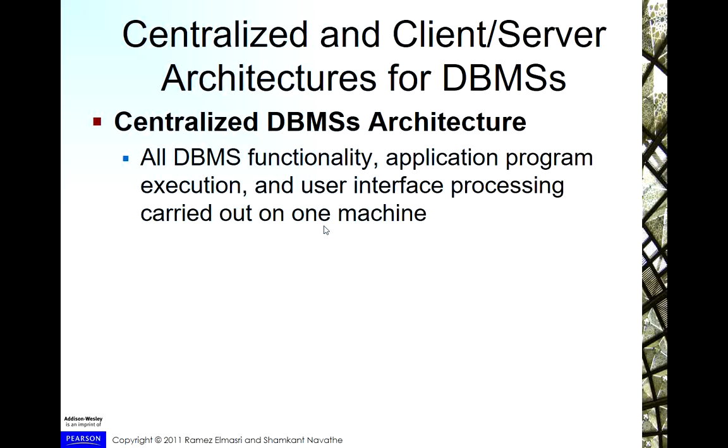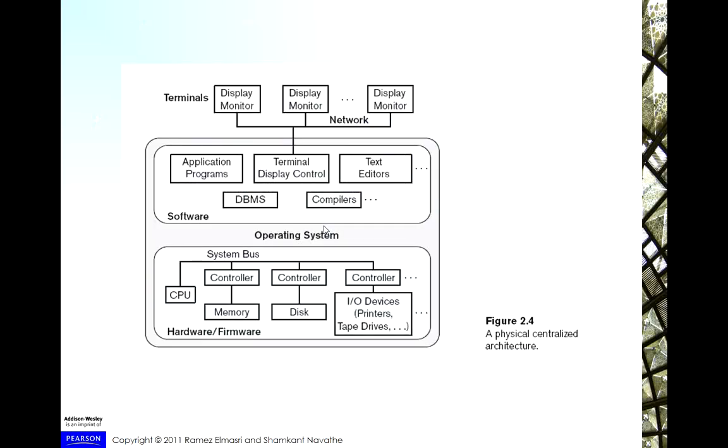If everything, all functionality, application program execution, user interfaces, and processing, is carried out in one machine, we call it centralized. But this is not the case in most cases. It is not centralized because different computers can have different tools from this database management system.